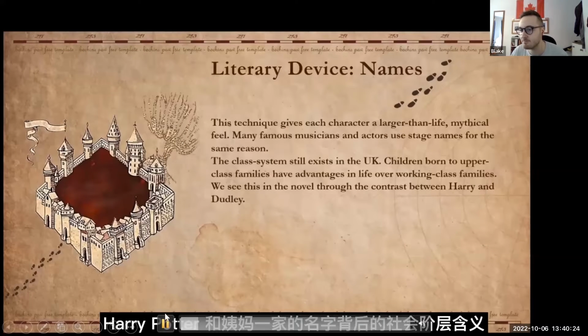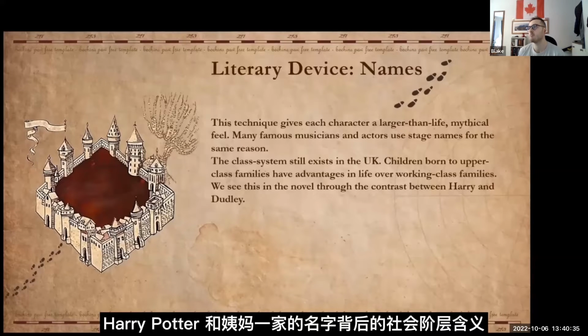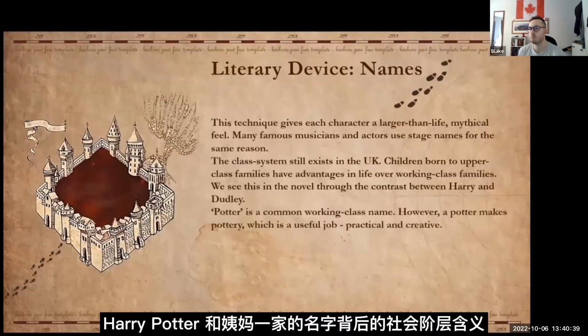Okay, let's continue. So rich families, they have advantages over working class families. And we see this throughout the novel between Harry and Dudley, the opportunities, the advantages that Dudley has compared to Harry. Now, Potter, it's quite a common working class name. A potter is a person who makes pottery. Now, pottery, of course, it's a very useful job.